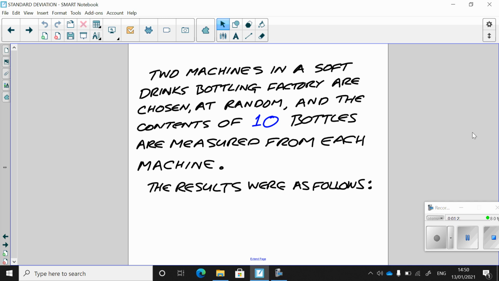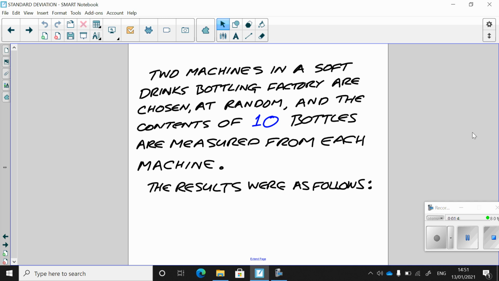But we don't have the time to test every single bottle, and it's not cost effective. So what they usually do is they'll either decide on a time or they'll take them at random, and they probably won't test every machine. They might have over 100.